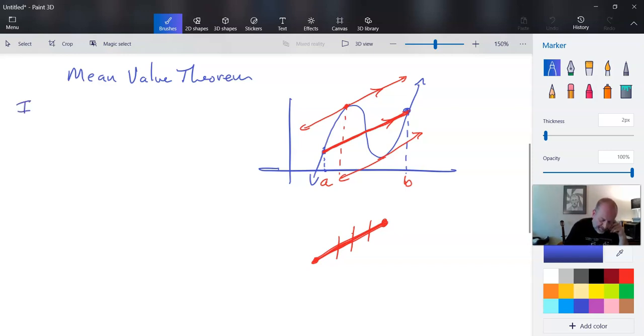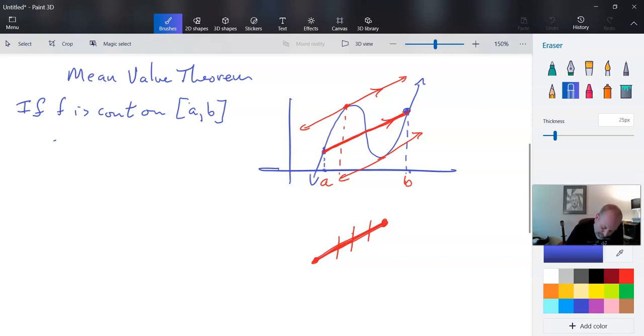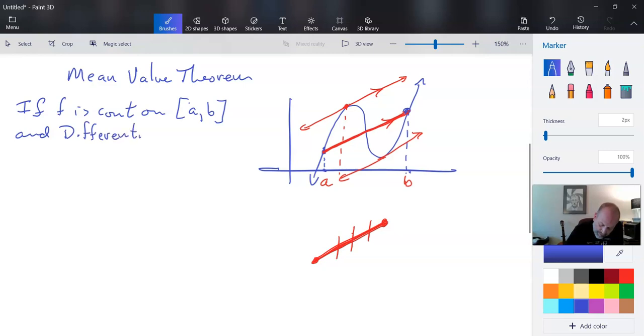So if f is a function and continuous on a closed interval [a, b], excuse me, there's a little more, and differentiable on the open interval (a, b).